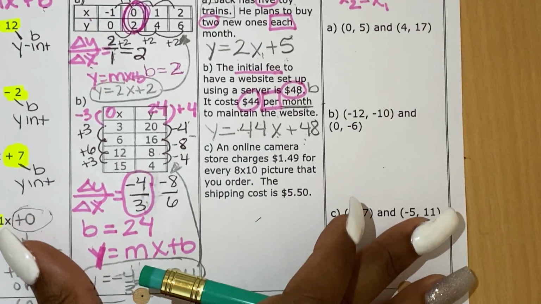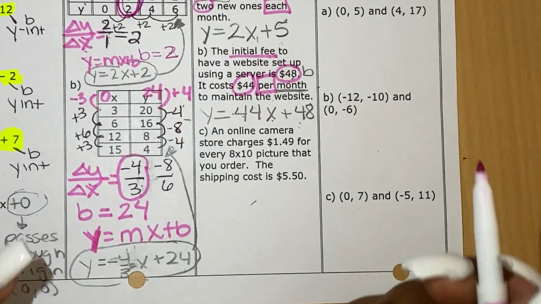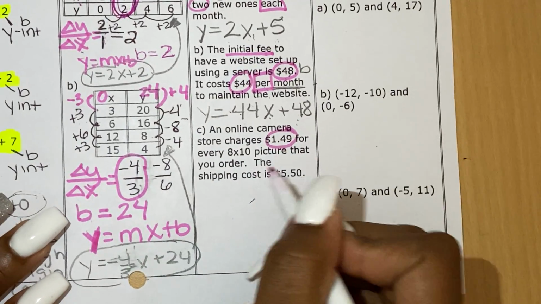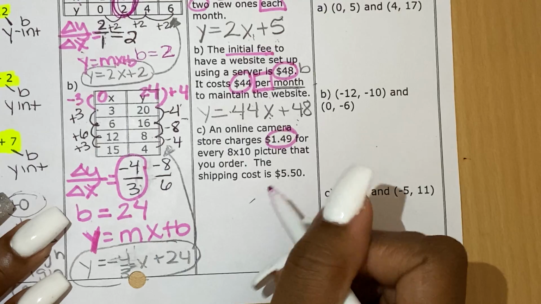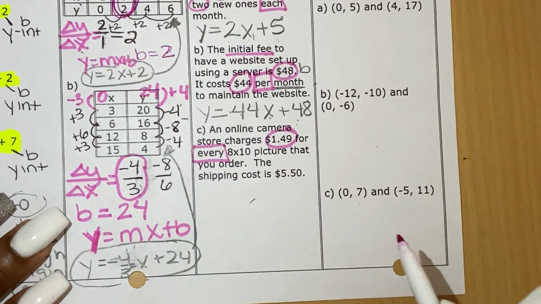Let's look at the last one. C, an online camera store charges $1.49 for every 8x10 picture that you order. The shipping cost is $5.50. Let's use cubes. An online camera store charges $1.49 for every 8x10 picture that you order. There's the word every.